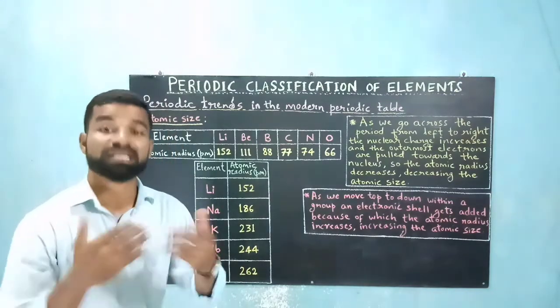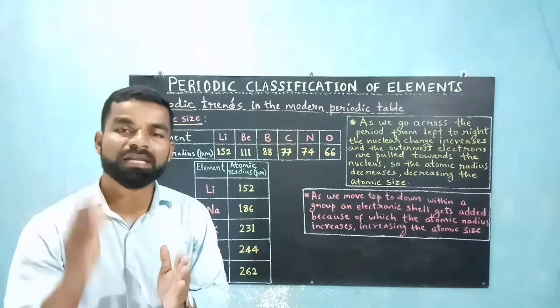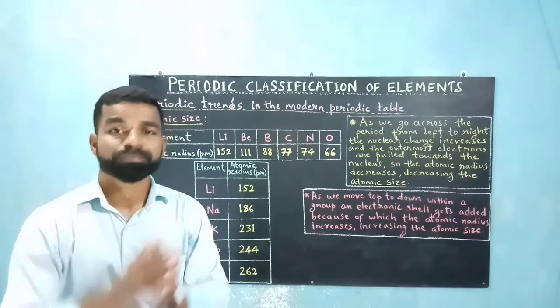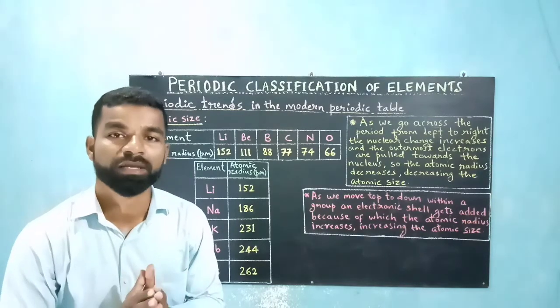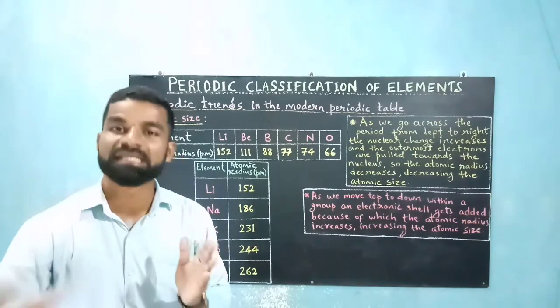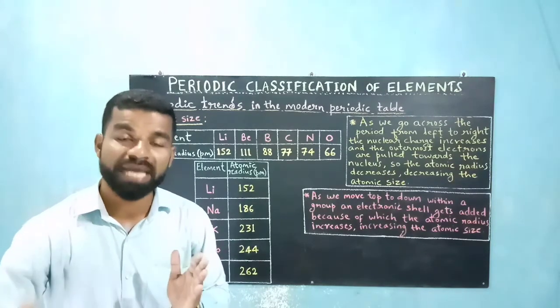Now there is a reason for this. As you go from top to bottom in a group in the periodic table, at every stage an electronic shell is added. Of course, the number of protons is rising. That means the nuclear charge, the positive charge on the nucleus, is also rising.